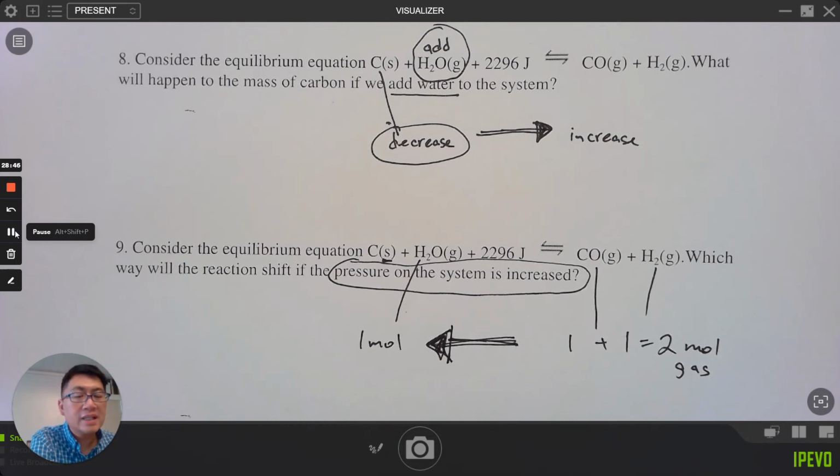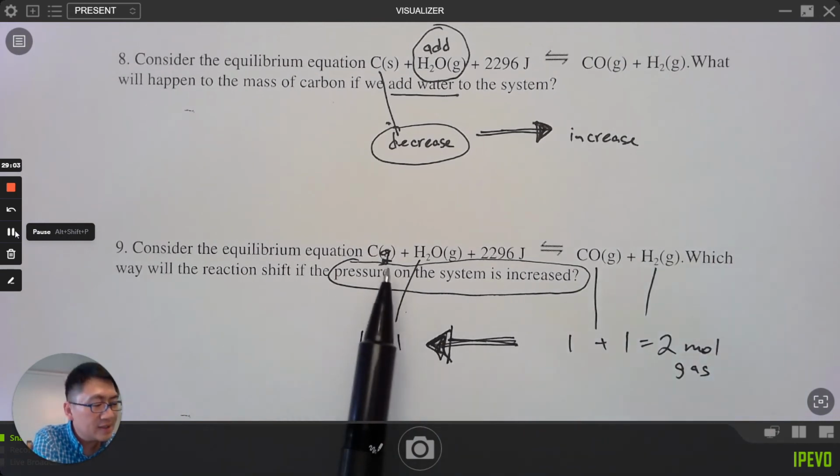Now, I said things will shift left or right or neither if it doesn't help in either way. What I mean by that is, if this was a gas, I just changed that from solid to gas now.